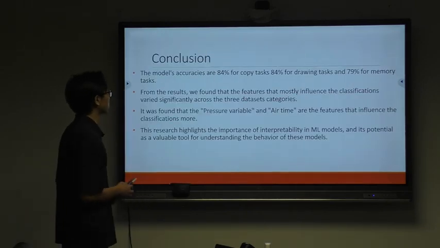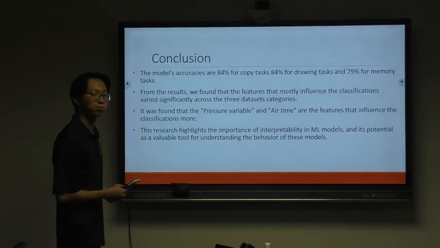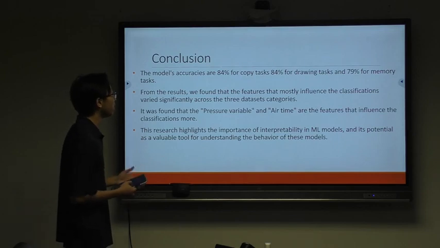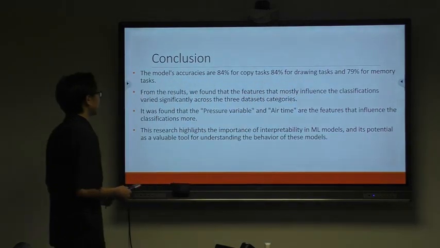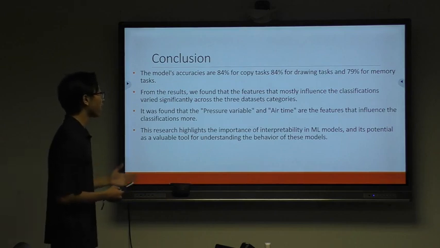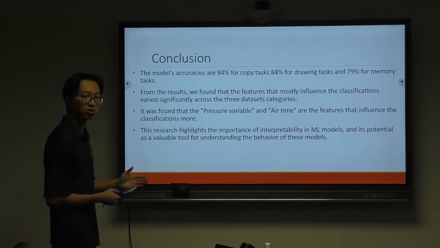After that, we conclude that the model accuracy is pretty high for all three datasets. From the results, we also found that the features with the most influence on the classification are very significant across all three categories.